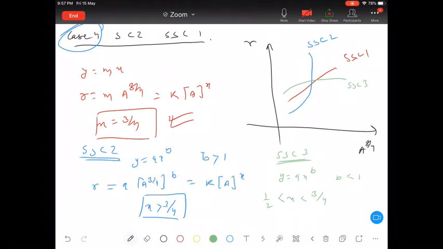So next value I'll choose between 0.5 and 0.75, let's say 0.6 you assume, like that.